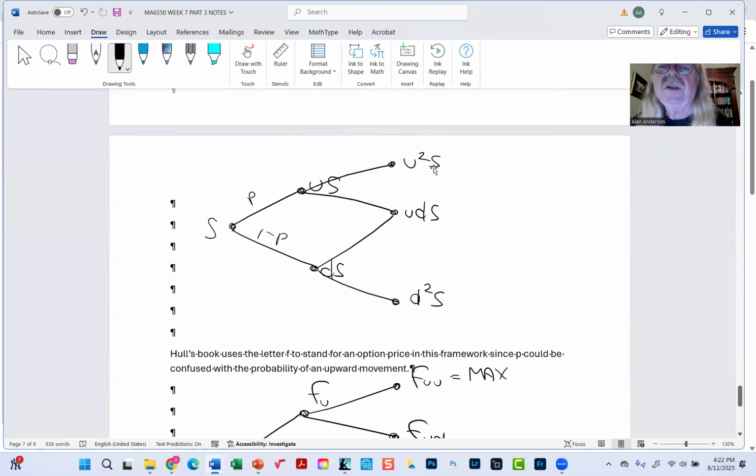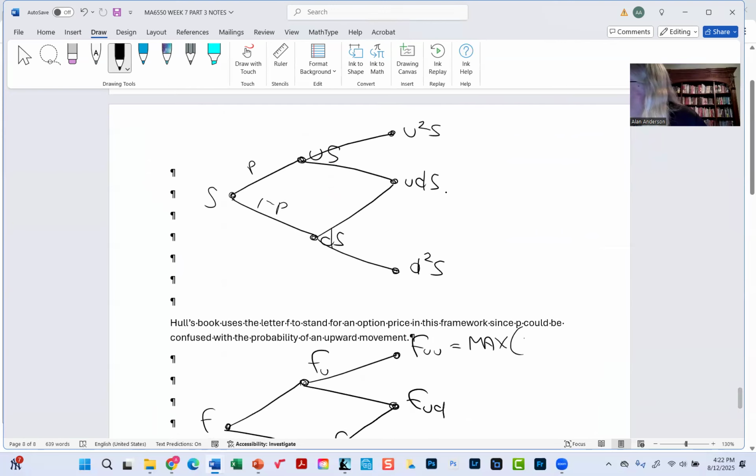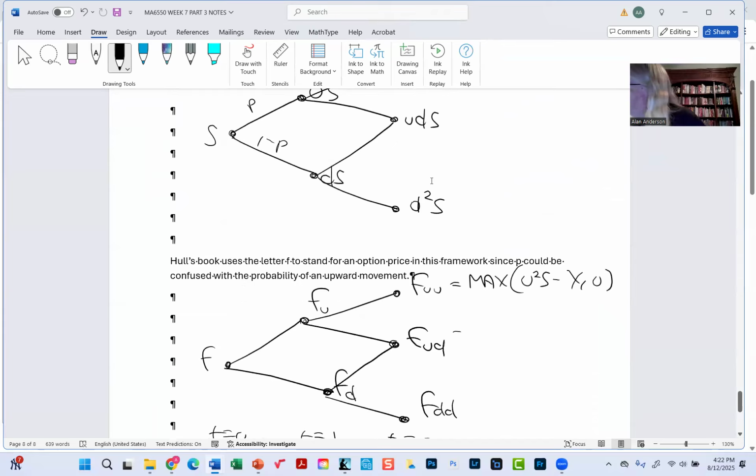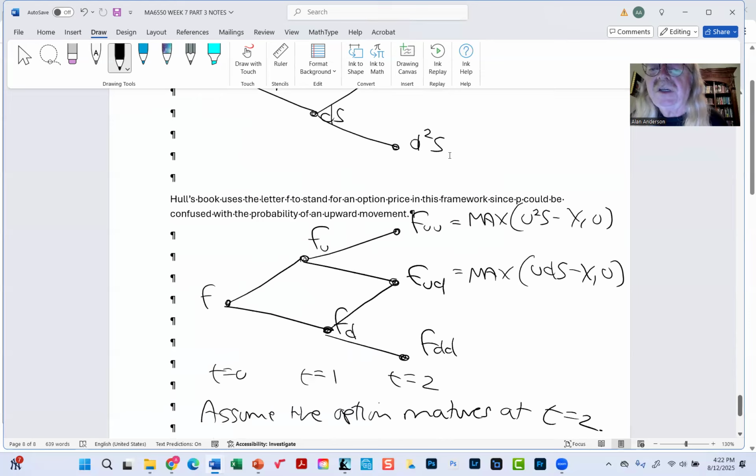So instead of S, we put u squared S. And then for F_UD, we don't know yet. I mean, we will when we're doing this for real, but right now we don't know what the values are on the stock tree. And so we'll write it with this. So the first step is fill out the payoffs at the maturity date.